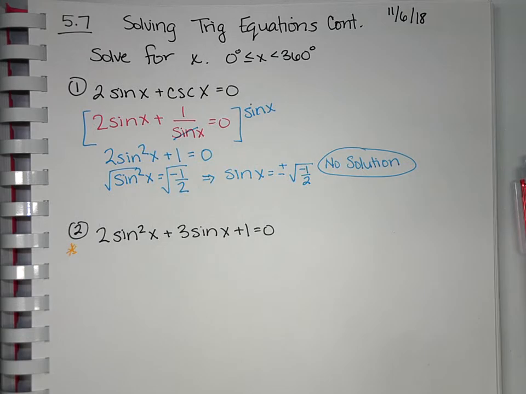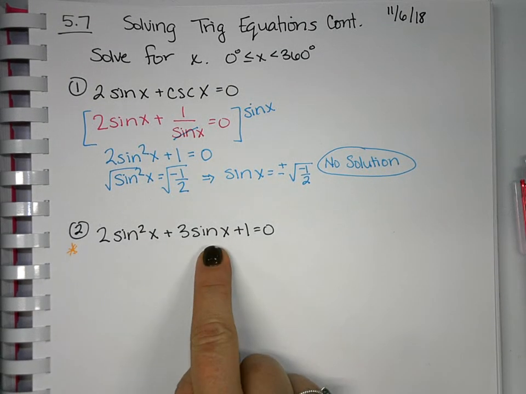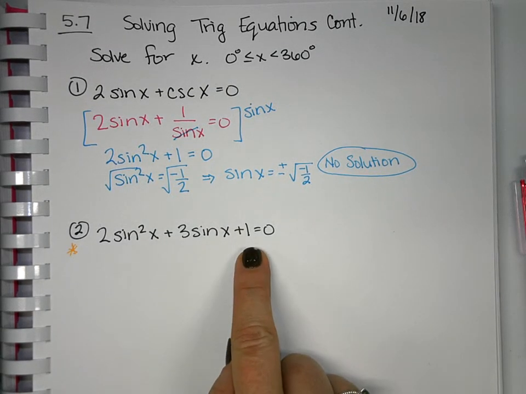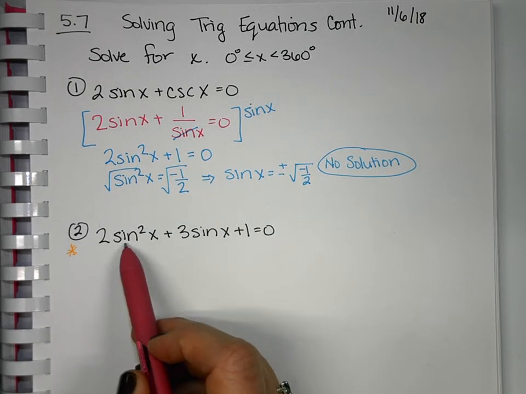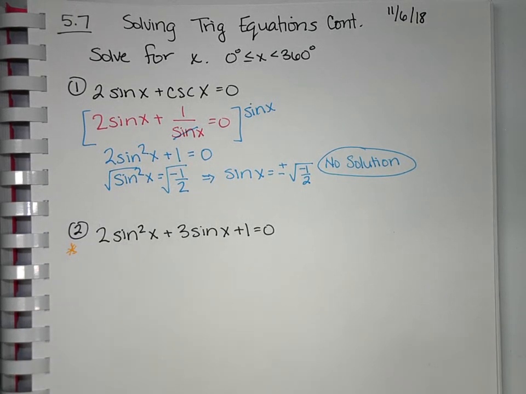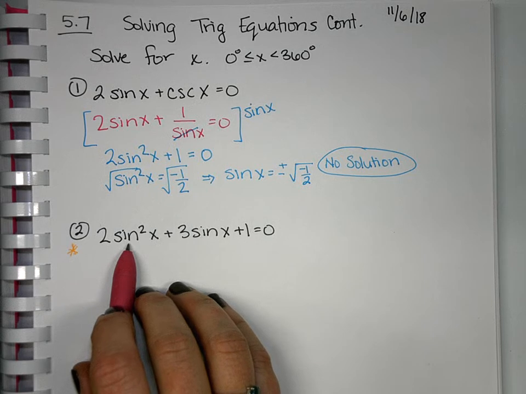So one of the first things that I notice is that I have a sine squared and a sine x and a constant. So this is going to be factoring, our double bubble. If you're able to factor, because sine squared is just sine x times sine x, and see that right away, go ahead.